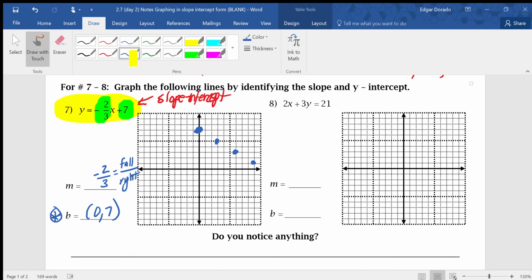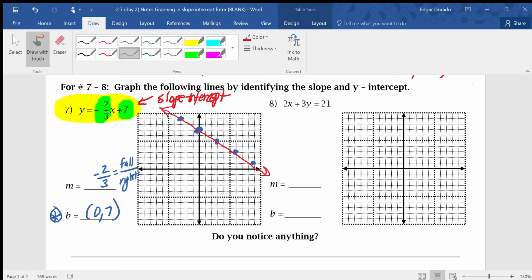Now finally, just go ahead and connect all your dots. If you have a straight edge, I highly recommend you use that instead. My lines are always a little bit off because I don't use a straight edge. Okay, so the next one, what do we have? Well, let's see.